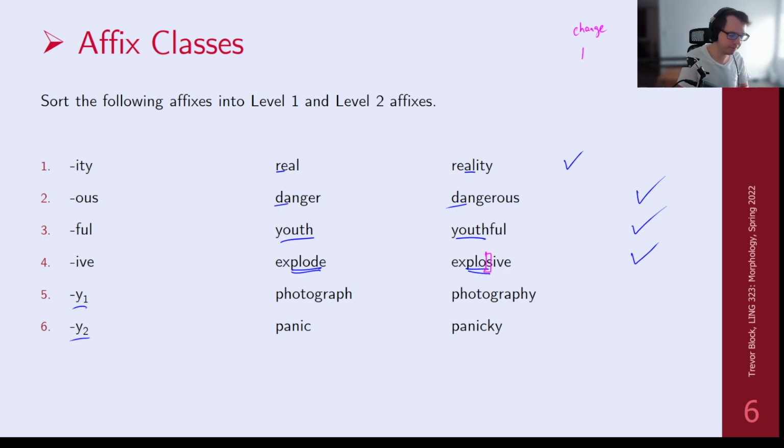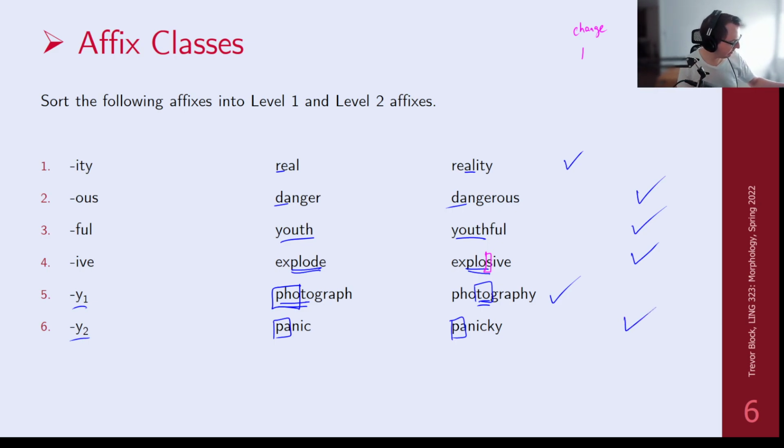So photograph, photo stress, photography. Oh, the O is getting stressed. So I should really say this is photograph versus photography. That's a level 1 affix. And panic, panic to panicky. That one does not change. So we have a level 2 affix.